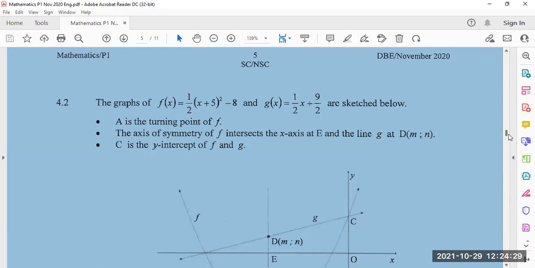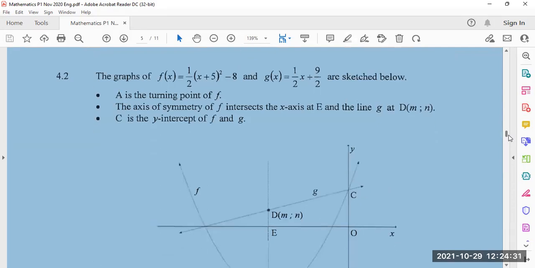Yes, now looking at 4.2, we are still on our question on functions. What are they saying here? The graph of f of x is equal to 1 over 2, (x plus 5) squared, minus 8. That alone tells you that this is a parabola, right? And g of x is equal to 1 over 2 x plus 9 over 2.